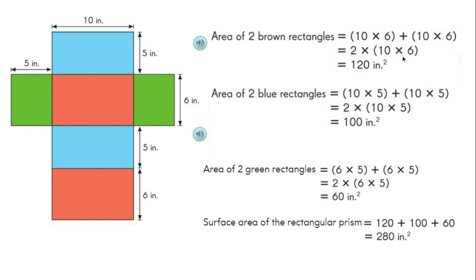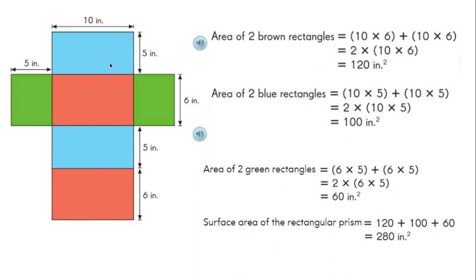Now remember, back to PEMDAS, we always do the math that's in the parentheses first. So I multiply 10 times 6 to get 60, and then I multiply that by 2 to get 120 inches squared. Now we need to leave that there. We're not done with it. We're going to come back to that later.